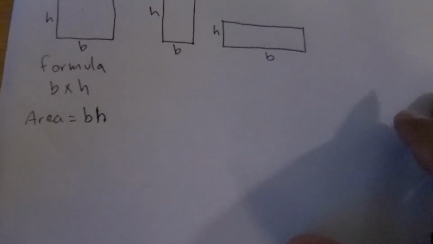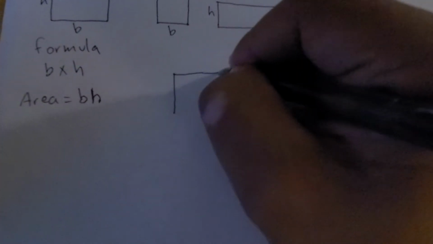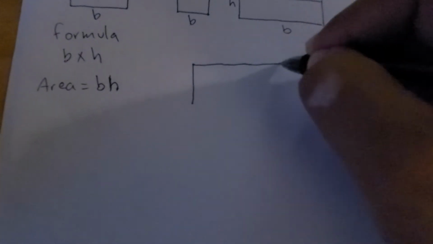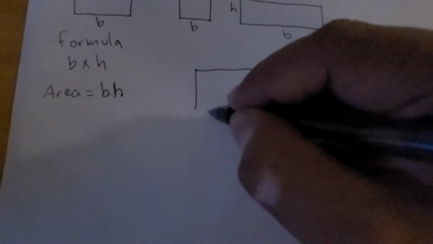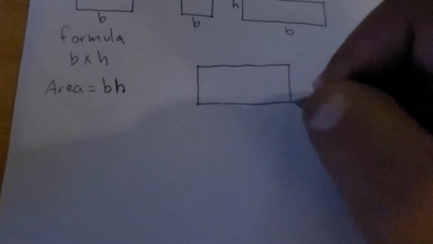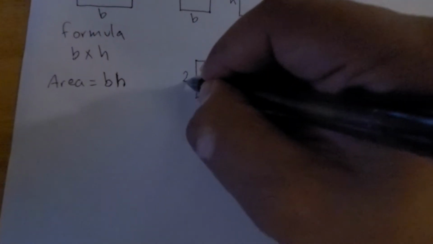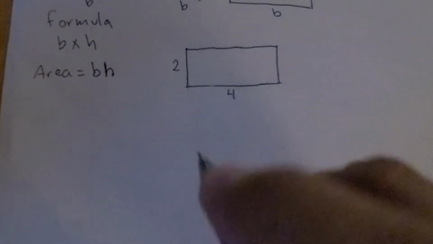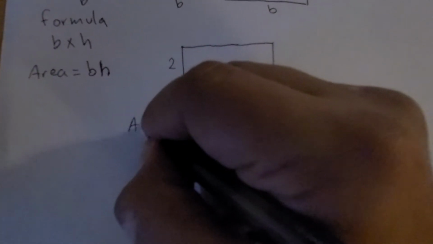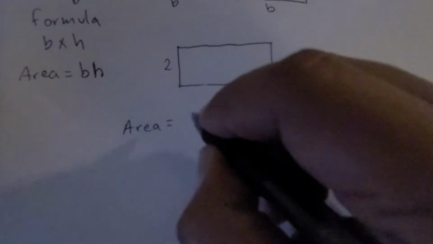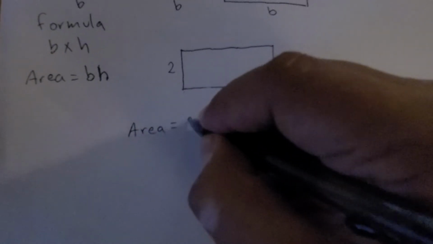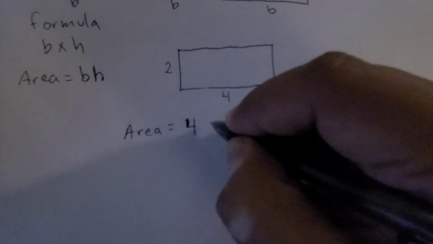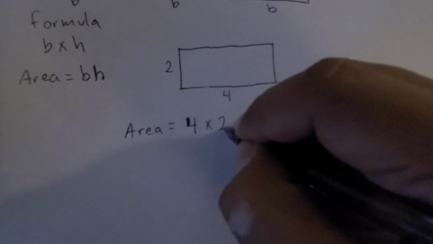Now, if we have a rectangle, just so I can show you the process, pretty simple. With a height of 2 and a base of 4, all that means is that area is equal to base is 4, so 4 times 2.